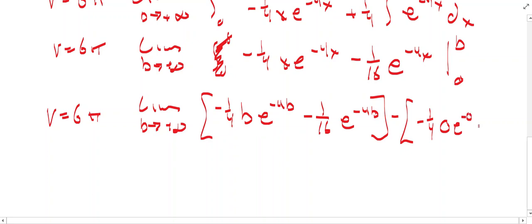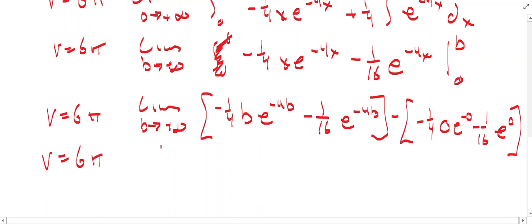That whole term is going to become 0, minus 1/16 e to the 0. So negative 4 times 0 will just be 0.